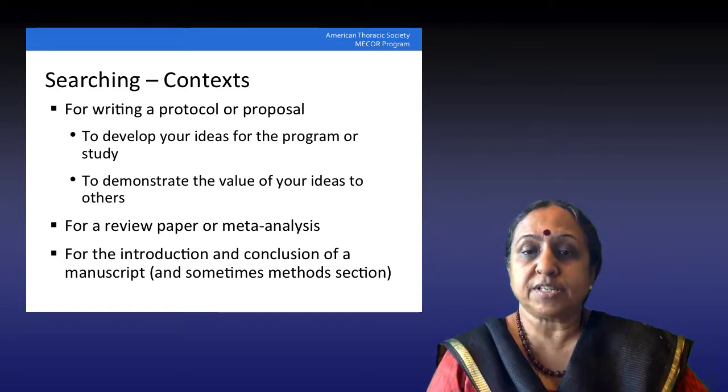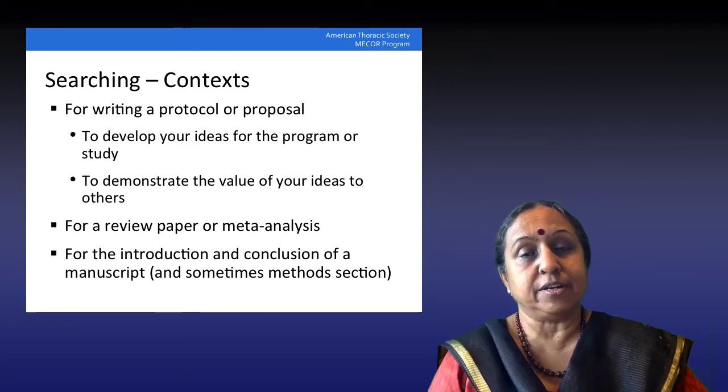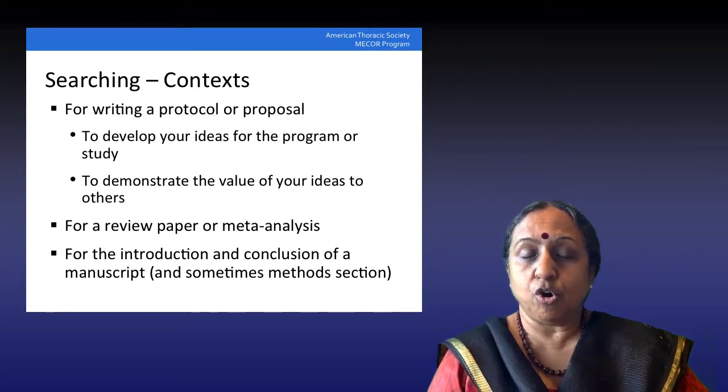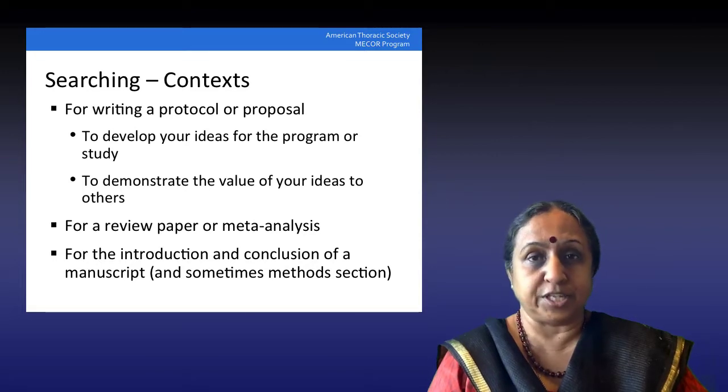And of course, for the introduction and conclusion of any manuscript, you will definitely have to quote where you got certain basic facts from, what others have done. Sometimes in the methods section, you may have to refer to some earlier study which has adopted the same method that you are going to use. So in all these contexts, you're going to be studying the literature and quoting it.